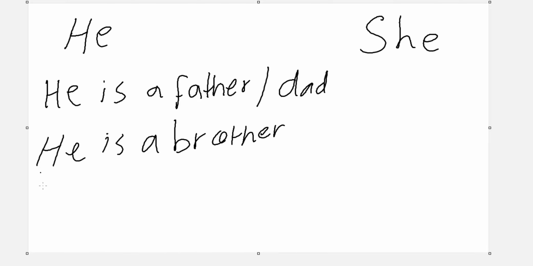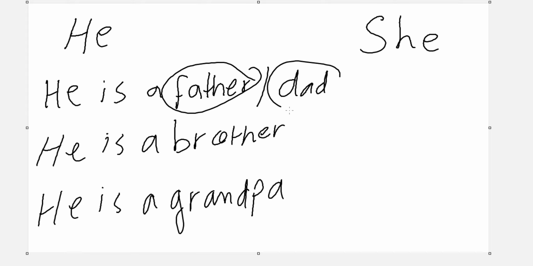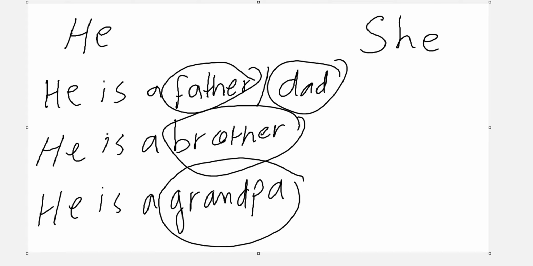Brother. He is a grandpa, a grandpa. Okay, so here we use it with male. Father is a male. Dad is a male. Brother is a male. Grandpa is a male.